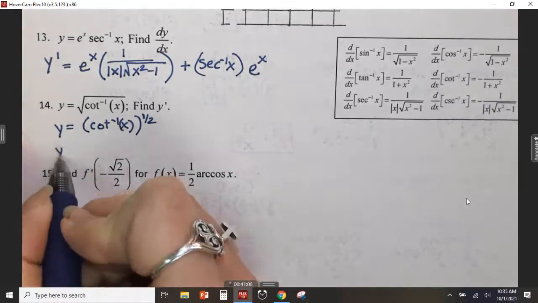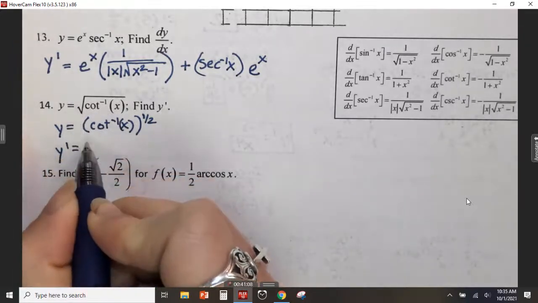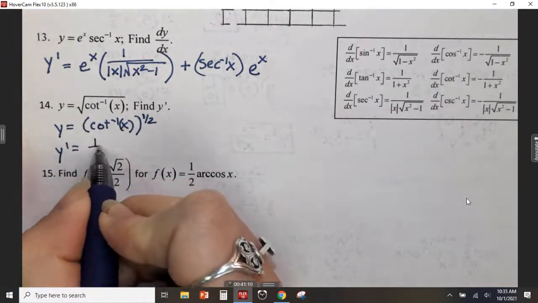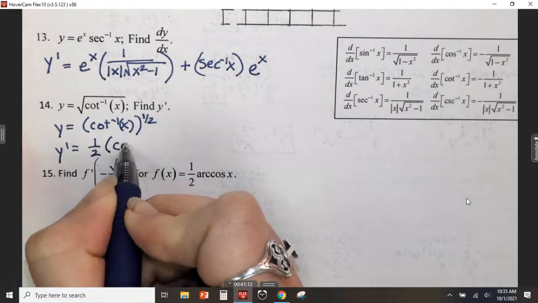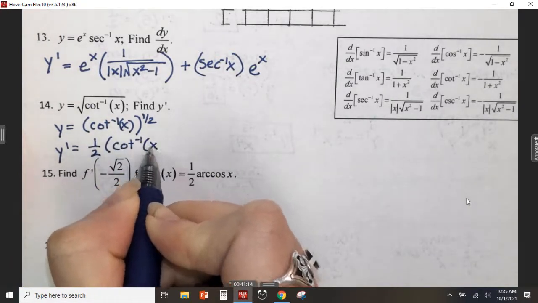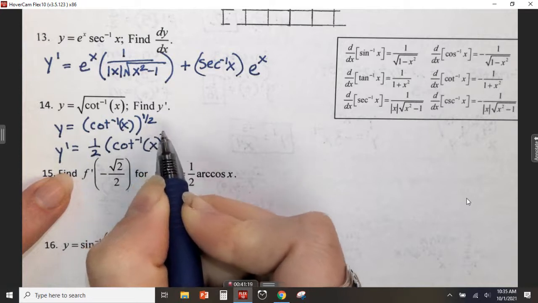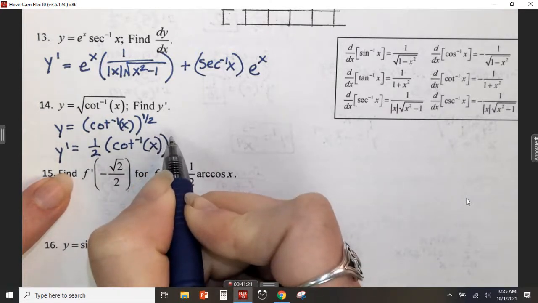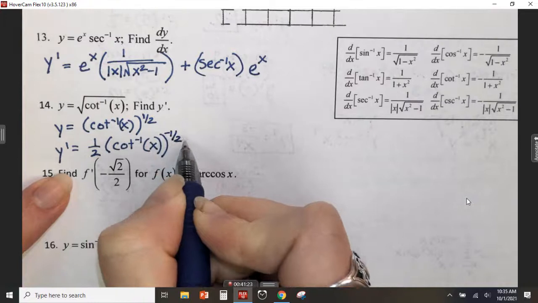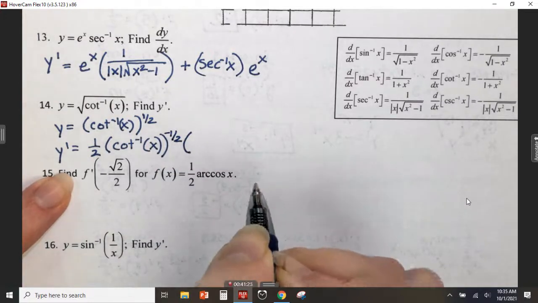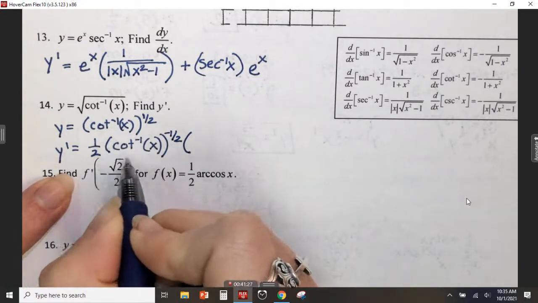So when I find y prime, I'm going to bring that 1/2 power down in front. I'm going to copy the inside function, subtract 1 from the old power, so that's going to give me negative 1/2, and then multiply the whole thing times the derivative of the inside function.